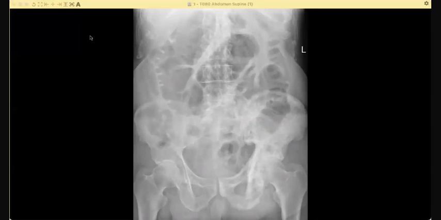Let me check if candidate 5 is there. I think we have lost candidate 5. Candidate 4, are you with us? Yes, sir, I'm here. Okay, if you want to tackle it. A&E film, okay sir. Acute abdomen, 90-year-old.